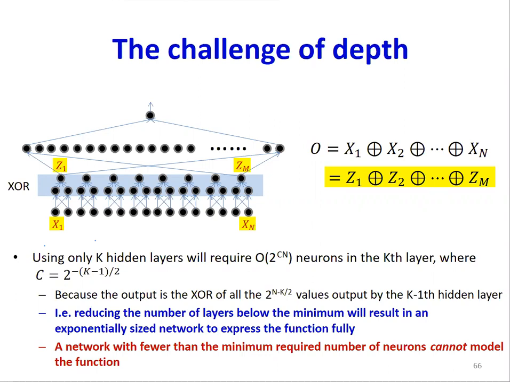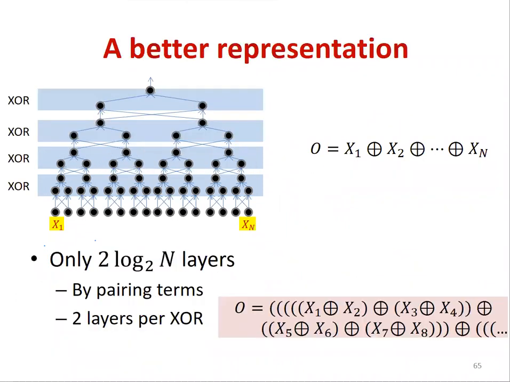Is this making sense? Sorry, can you repeat that again? Okay, so look at this, right? Suppose I said, now we know that if I allow 2 log 2 n layers, then I can do the whole thing with just 2 times n minus 1 neurons, correct? Or 3 times n minus 1 neurons, because each XOR is 3. But suppose I only permit you 4 layers.